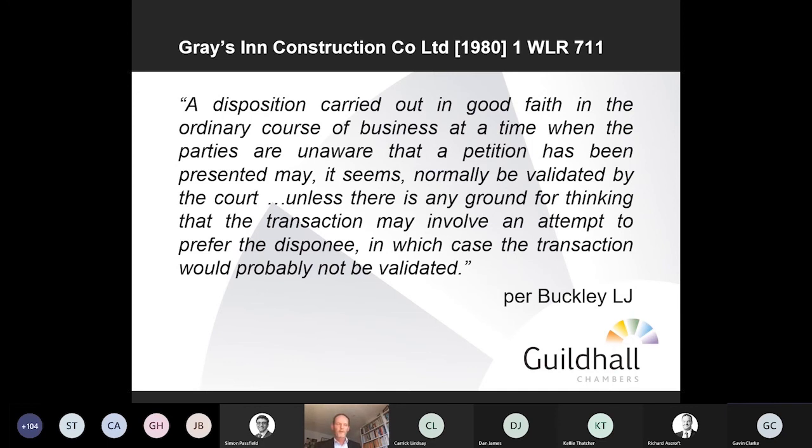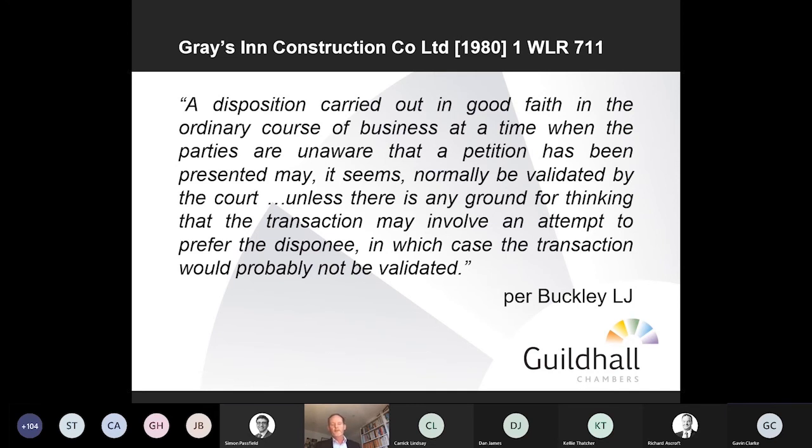Equally, the court might validate a particular contract or project to enable it to carry on operating its business generally in the ordinary course with the view to a future sale as a going concern. But in that case, the judge did make it clear that the greater the number of transactions or the further into the future the company would be looking to trade, the more evidence you would need.